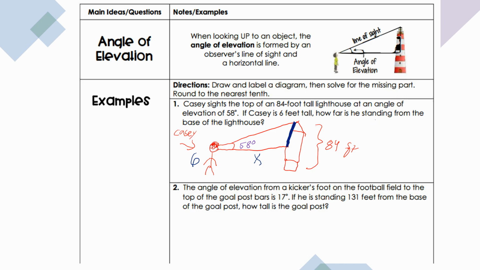Casey is 6 foot. Obviously, this is rounding. The eyes are not at the very top of his head, but it'll be good enough for an approximation. So the difference between the top of the lighthouse and Casey is 84 minus 6, which is 78. So this side right here is 78.